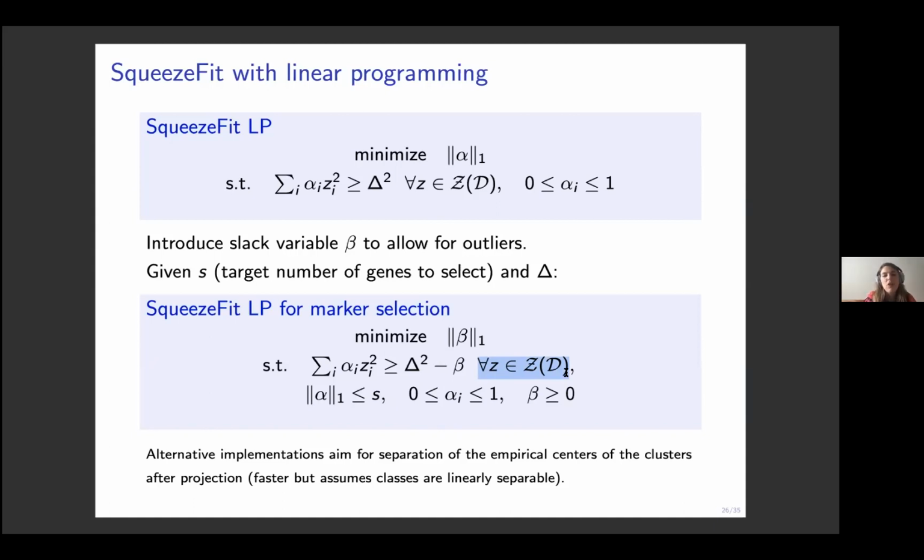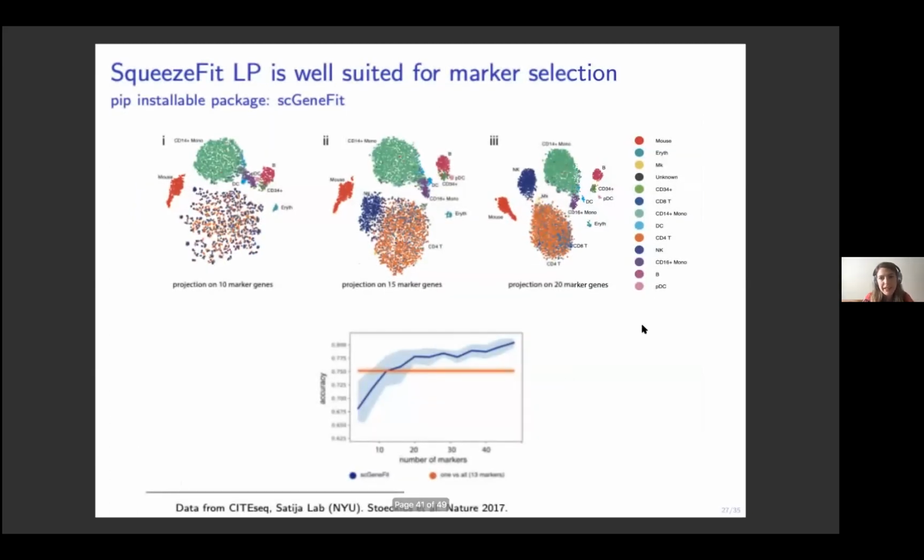This assumes that the classes are linearly separable in a way, which is not a bad assumption in these single cell data sets that are in such high dimensions. For the example of the concentric circles, that wouldn't work. But for these data sets, it actually works quite well. And it scales very well.